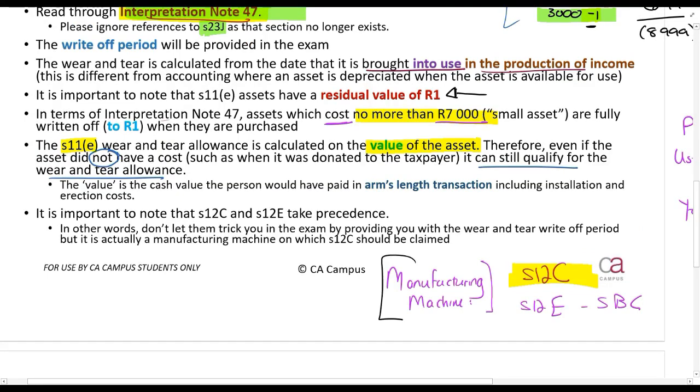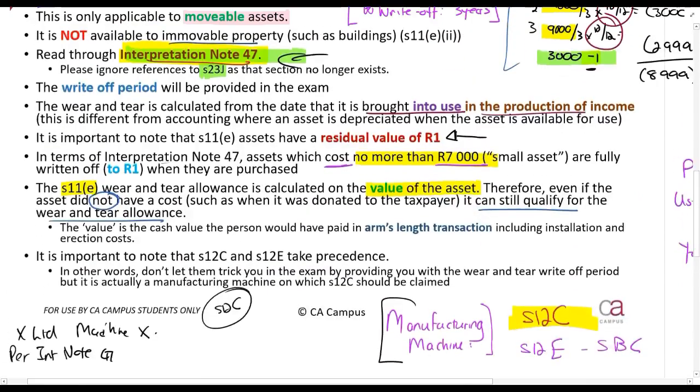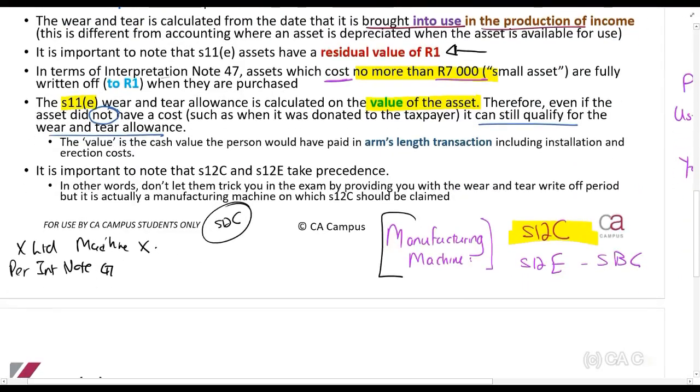So they'll say to you in an exam situation, X Limited buys machine X, it's a manufacturing machine, and then you know it qualifies for Section 12C.